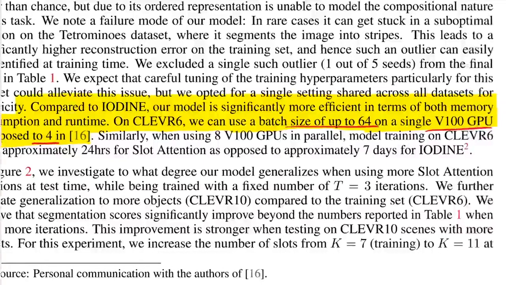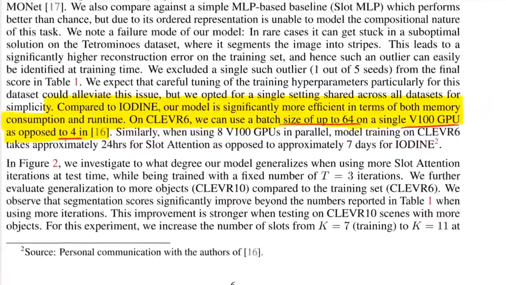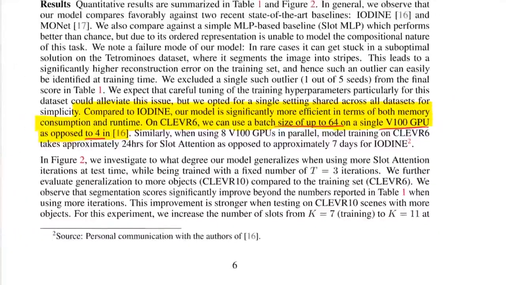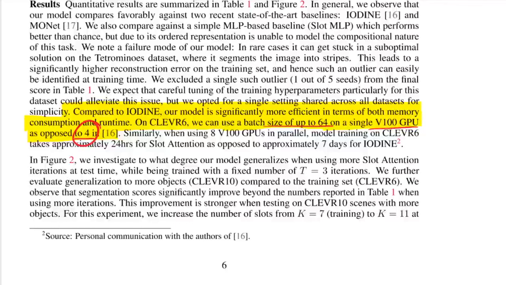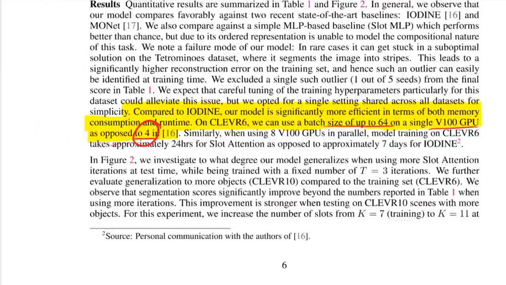I've read the IODINE paper, and the IODINE paper says, yes, they do use a batch size of 4 on one GPU, so they also use one GPU, but they say their GPU has a RAM of 12 gigabytes. And 12 gigabyte RAM GPUs, that points to something like a TI, either I guess a 1080 or a 2080 or something like this.